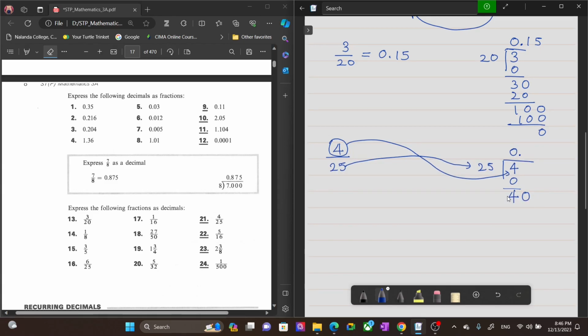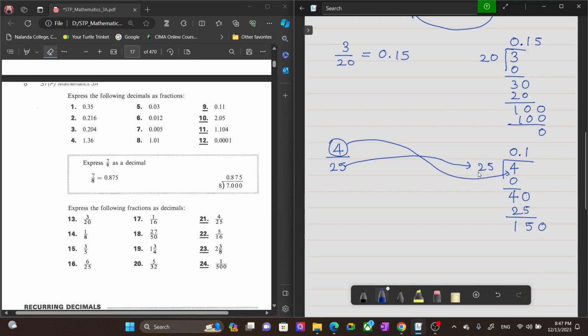How many 25s are there in 40? 1. So we put 1. 25 times 1 is 25. Subtract, we get 15. Now we bring down another 0, so 150.